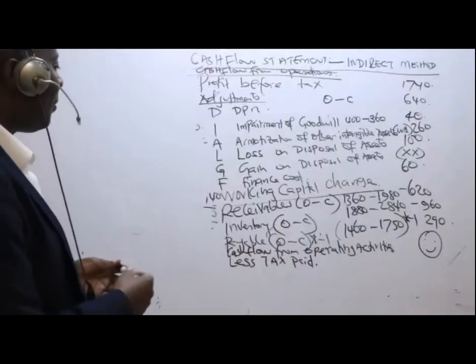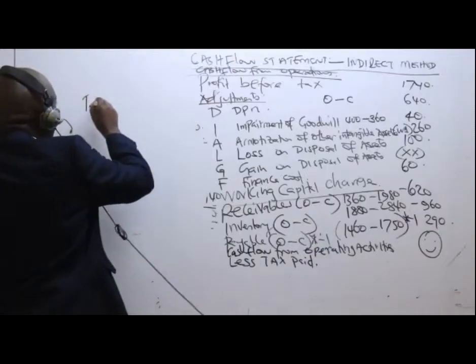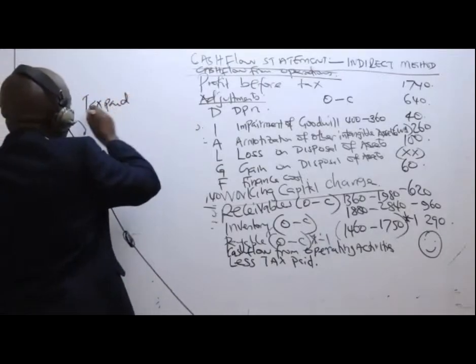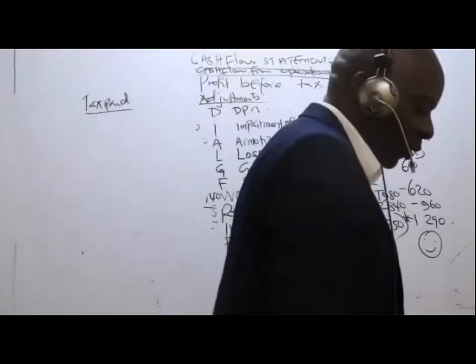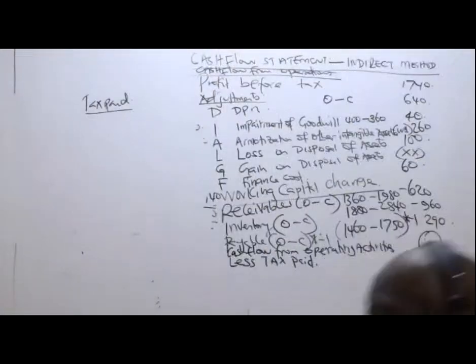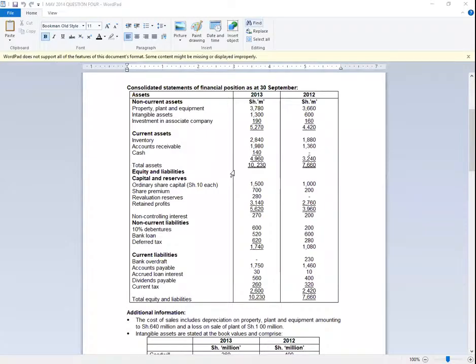So less tax paid. For tax paid, I would want a working, but I will never do a T account for tax paid, not unless I'm another one. For tax paid, I can see I have deferred tax and current tax, no problem.